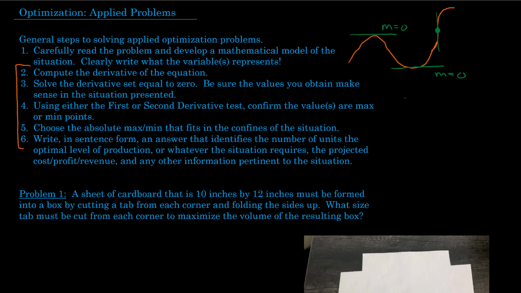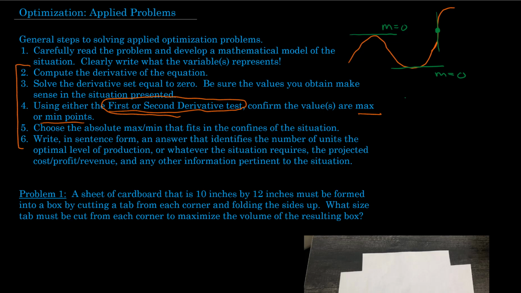Okay, so you've obtained your various values by setting the derivative equal to 0. Then what you want to do is use either the first or the second derivative test. It's your choice. Either of them will work to confirm or identify the values that are either a max or a min.